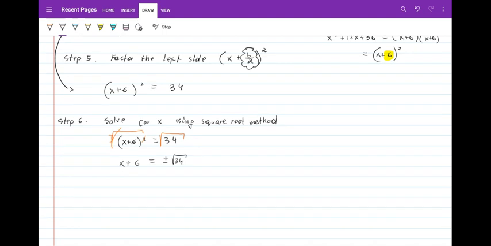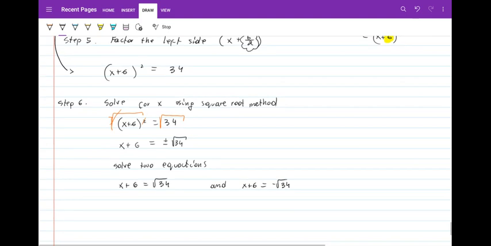Okay, so square root of 34. We cannot really simplify that, so just solve two equations. x plus 6 equals square root of 34, and x plus 6 equals negative square root of 34.